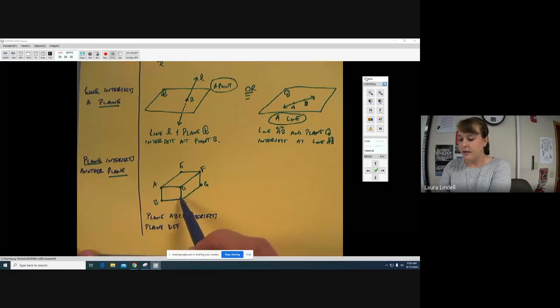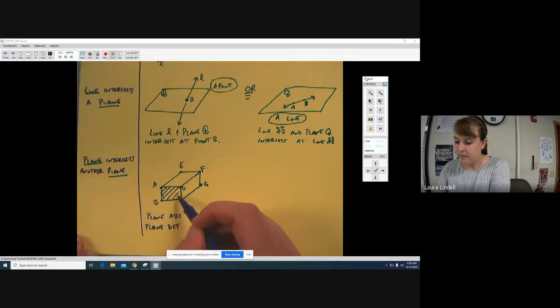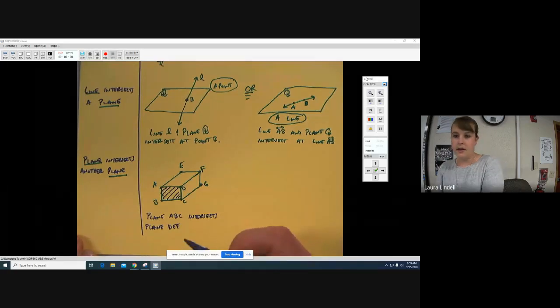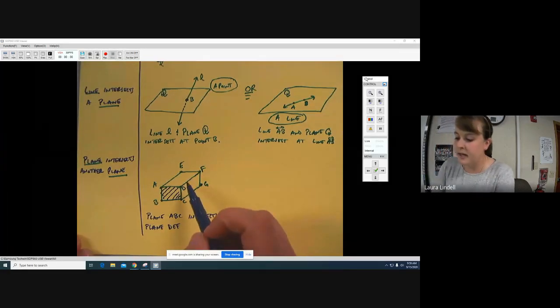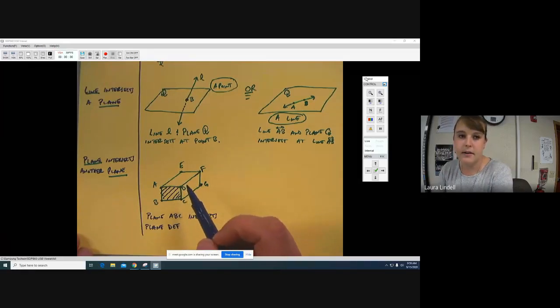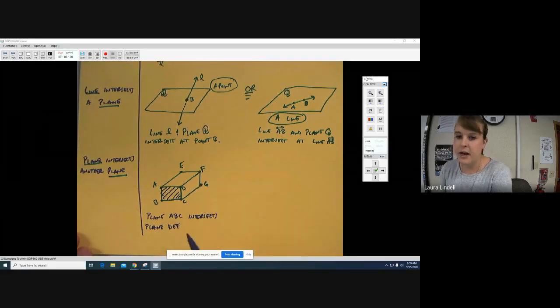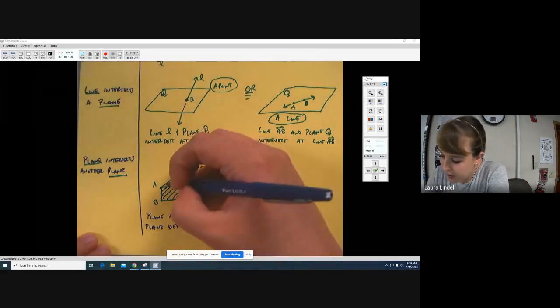So ABC is the front face because A, B, and C are all on the front. So I'm going to shade that one real quick. And then plane DEF, is plane DEF the top or the side? What do we think? Type in the chat. Is DEF the top or the side? Yep, we got it. It's the top. So plane DEF is the top, so we'll shade that one.